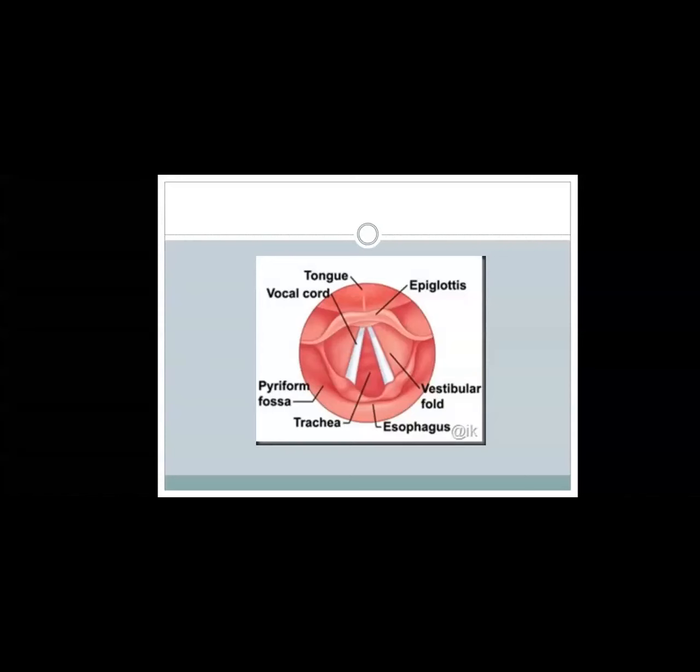and the inferior pharynx. See, the lip-like uppermost structure is the epiglottis, and from that you have the vocal cords, the white structures, attached to the arytenoids and the laryngeal fold here, and behind that you have the esophagus.